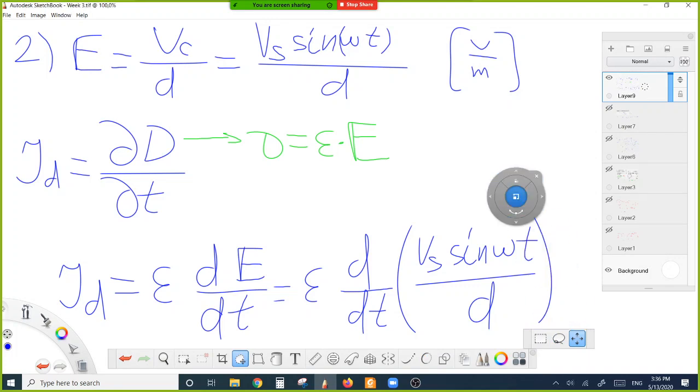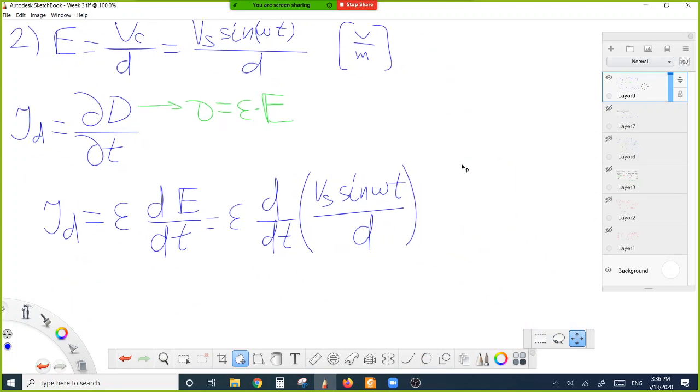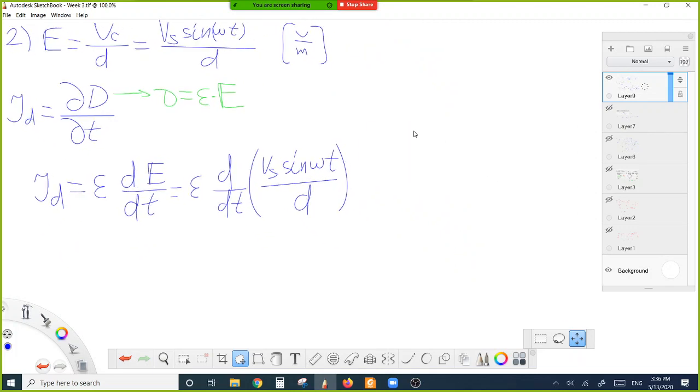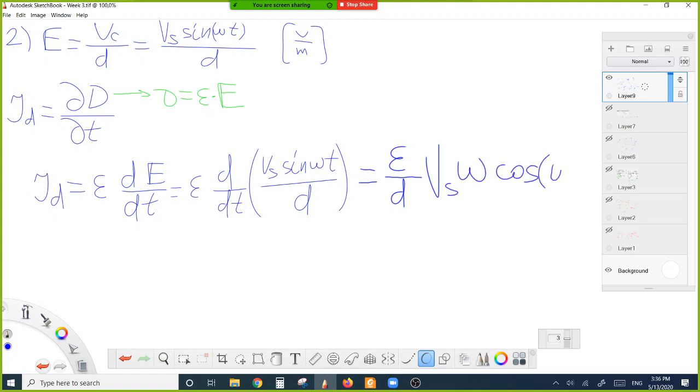and if we differentiate with respect to time, we get epsilon over d Vs omega cosine omega t. Now we know JD.